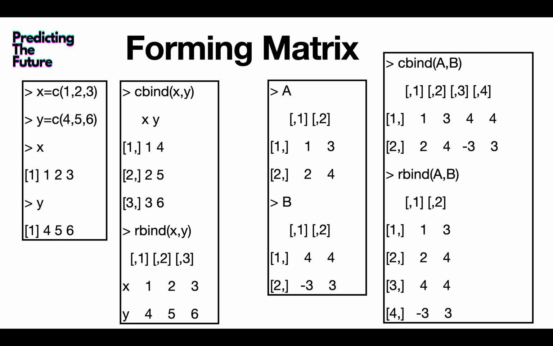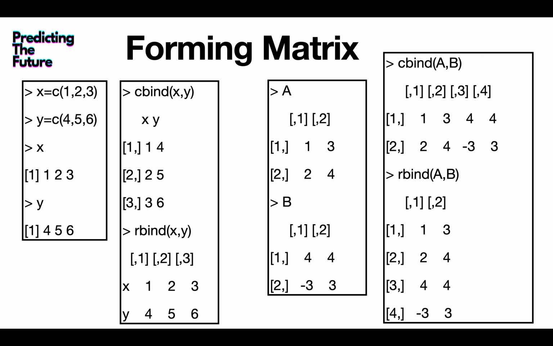For example, given data x and y, where x is a vector of 1, 2, 3 and y is a vector of 4, 5, 6, if we do cbind of x and y, then it creates a matrix of 3 times 2. The x vector is put on the first column, and the y vector on the second column. Rbind is the other way. The first vector x is put on the first row, and the second vector y is put on the second row.